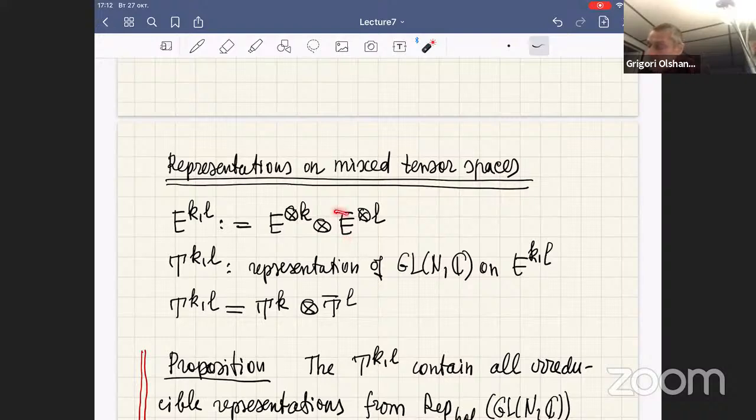So these are two possible, a little bit different, but equivalent viewpoints on what the dual conjugate representation is.